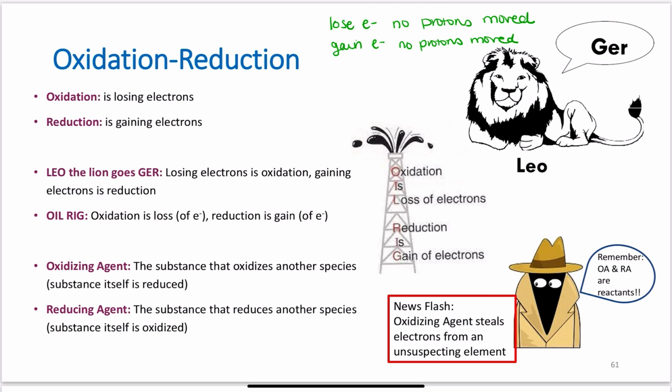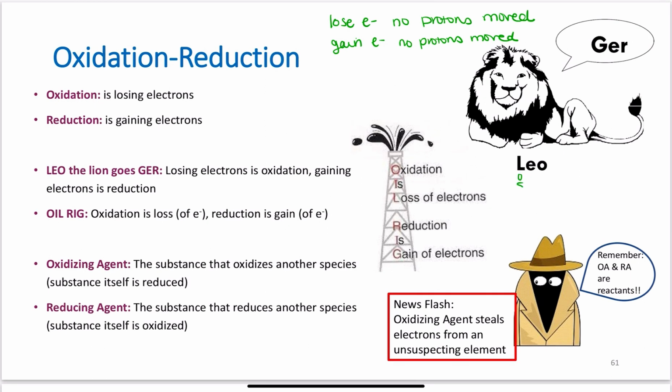Leo the lion goes grr: loss of electrons is oxidation, and grr, gain of electrons is reduction. Or OIL RIG: oxidation is loss of electrons, reduction is gain of electrons.